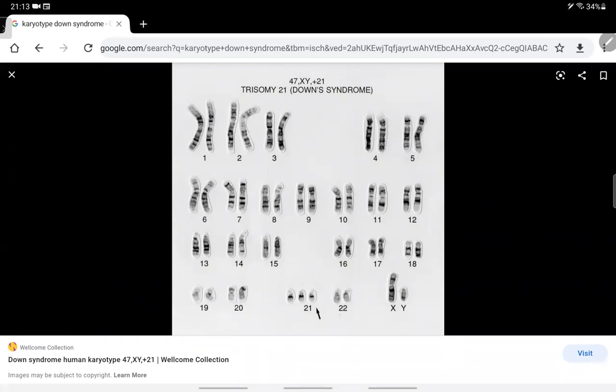Okay, so we can actually tell whether this baby inside the womb, that is developing, has Down syndrome or not. I wouldn't say that the parents will look at the karyotype, see that the child has Down syndrome, and then immediately go for abortion.